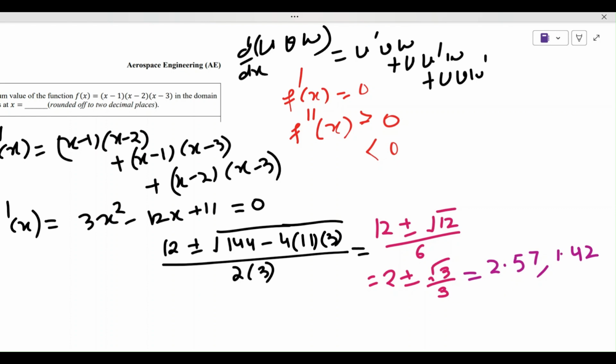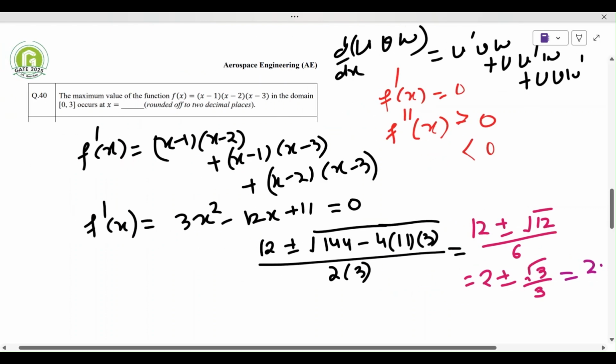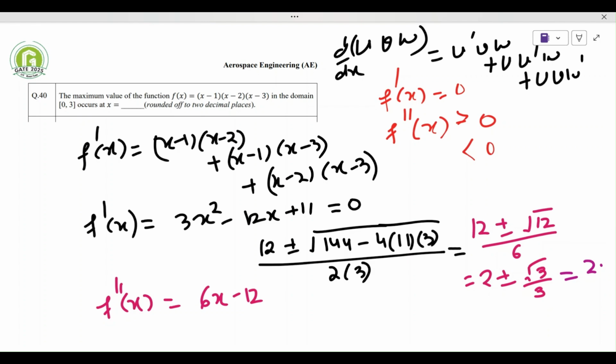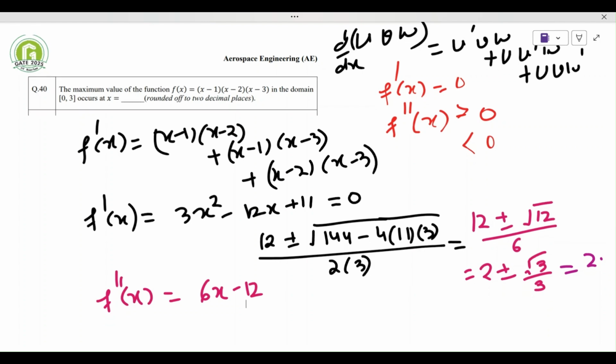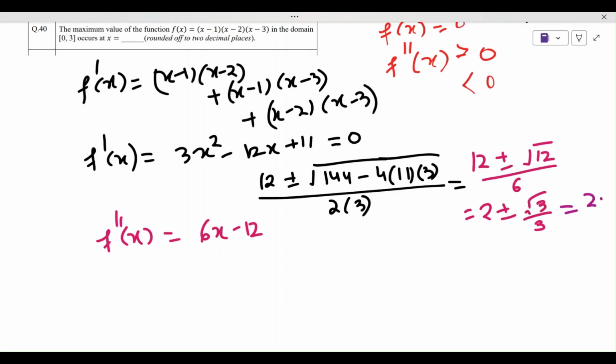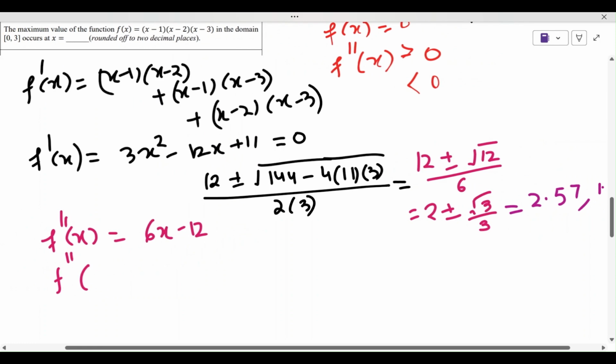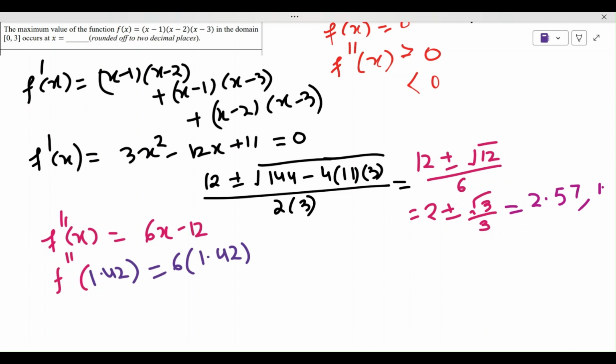Now the double derivative of this function, f double dash, is 6x minus 12. Now we put both the values one by one. F double dash at 1.42 is minus 3.48, which is less than 0.